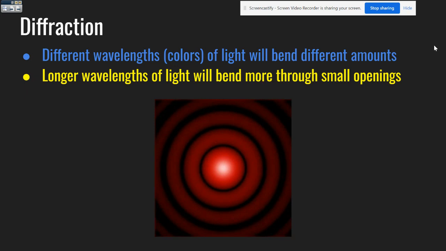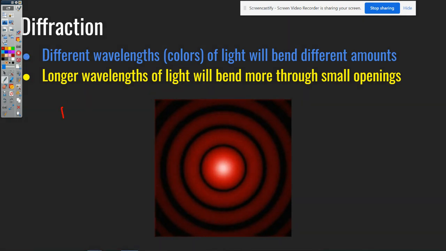So if we think about our rainbow: red, orange, yellow, green, blue, and violet. Indigo is a lie, more on that, ask.